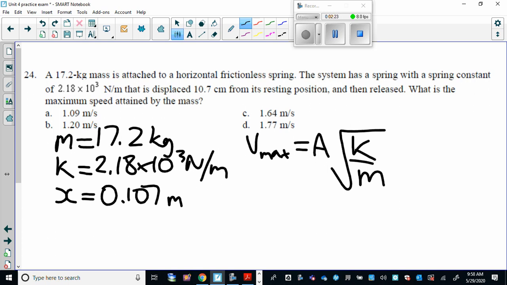And where did we derive that formula from? We derived that formula from the conservation of energy. So if you want to know how to derive that formula, just go back to your notes, and you can see how we derived that formula.